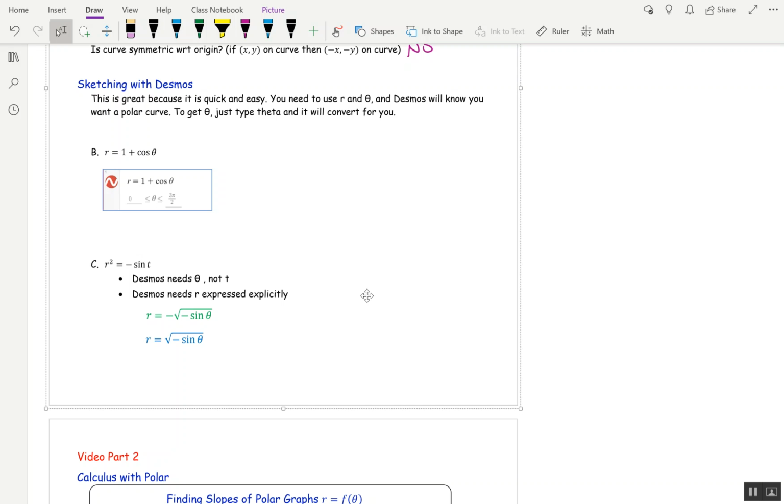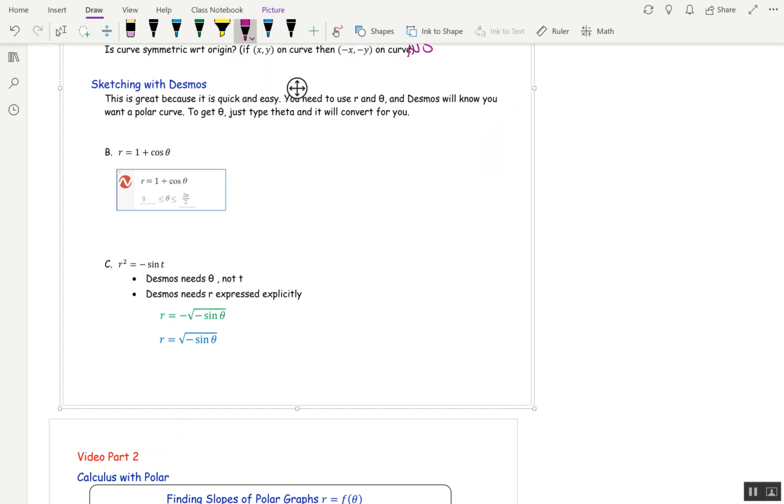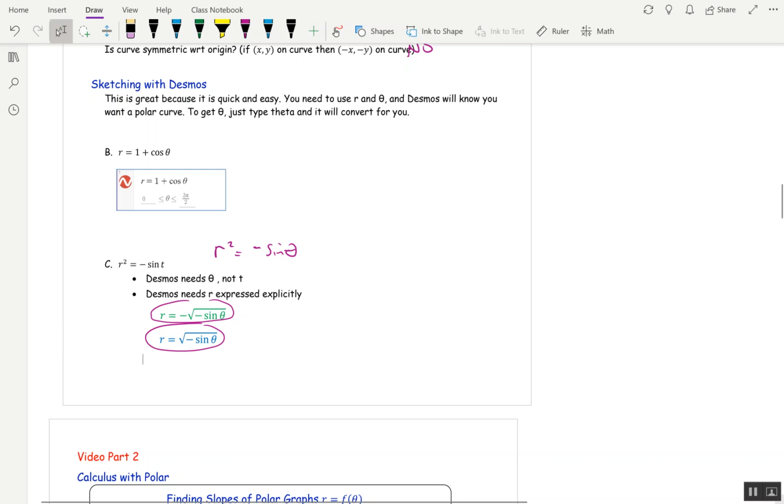Desmos cannot graph r squared equals negative sine theta. It needs to graph each piece of the curve separately. So you have to solve this for r and write down two equations, plus or minus the square root of negative sine theta. So let's see what that looks like.